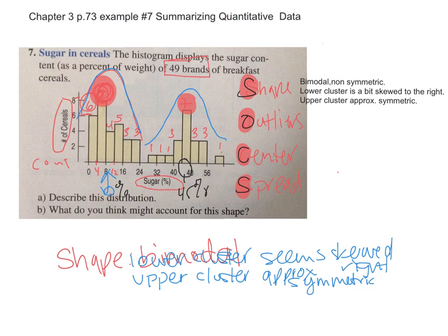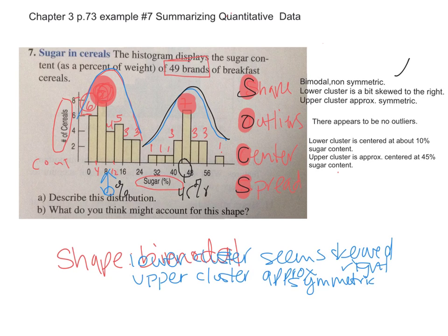Looking at the shape again, it is bimodal, non-symmetric, and the lower cluster is a bit skewed to the right, and the upper cluster is approximately symmetric. Outliers, there appear to be no outliers.